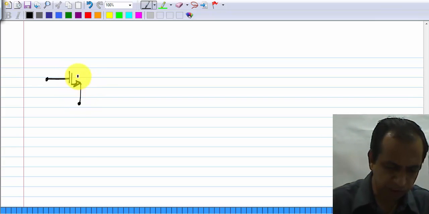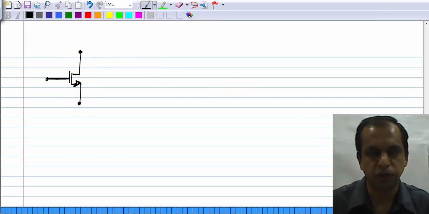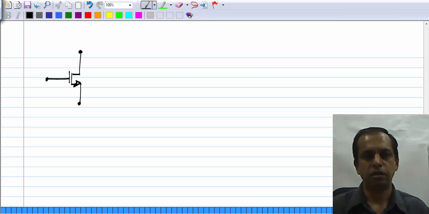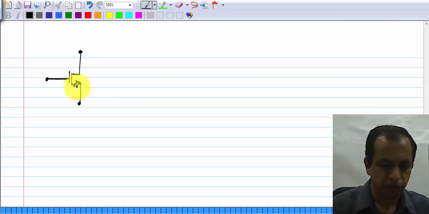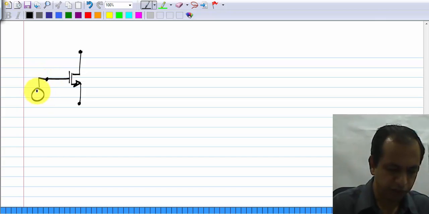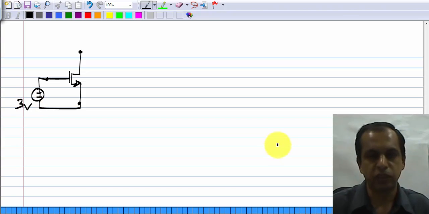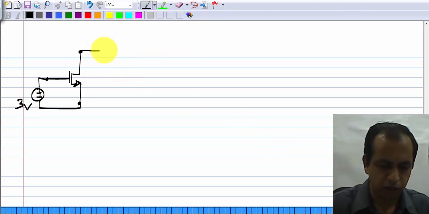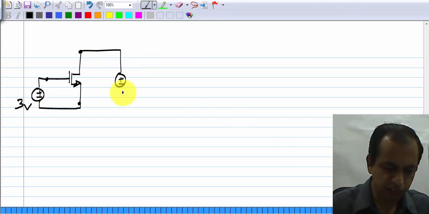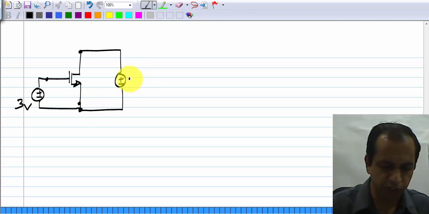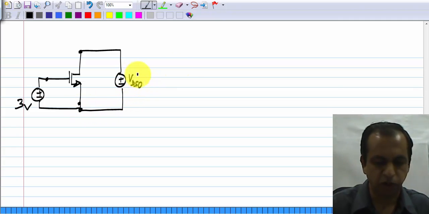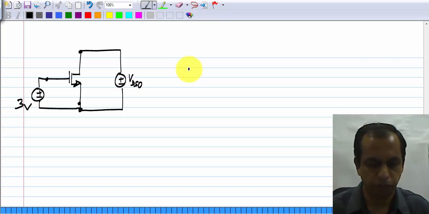This is the MOS transistor whose threshold voltage is 1 volt and whose current factor is 100 microampere per volt square. Now, we saw that we had to have a VGS of 3 volts and VDS, I am showing a voltage source here. I will call it VDS0, the VDS at the operating point.